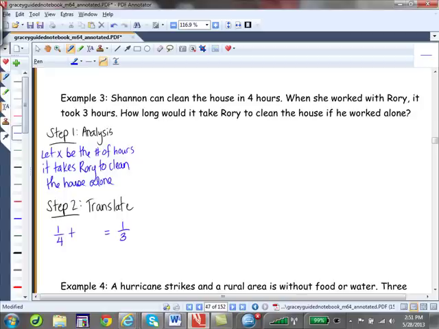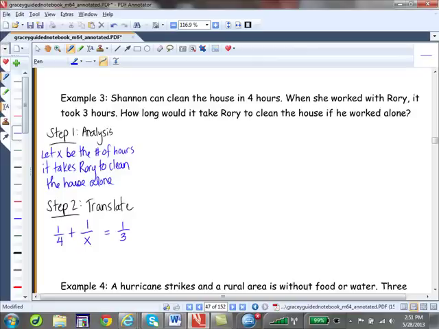So what portion of the entire job would have been done in 3 hours? 1/3. So the working together is on the other side of the equal sign. Well, how long would it take Rory to clean the house working alone? We don't know, but we know that when they work together, this is the portion of the job that's done.